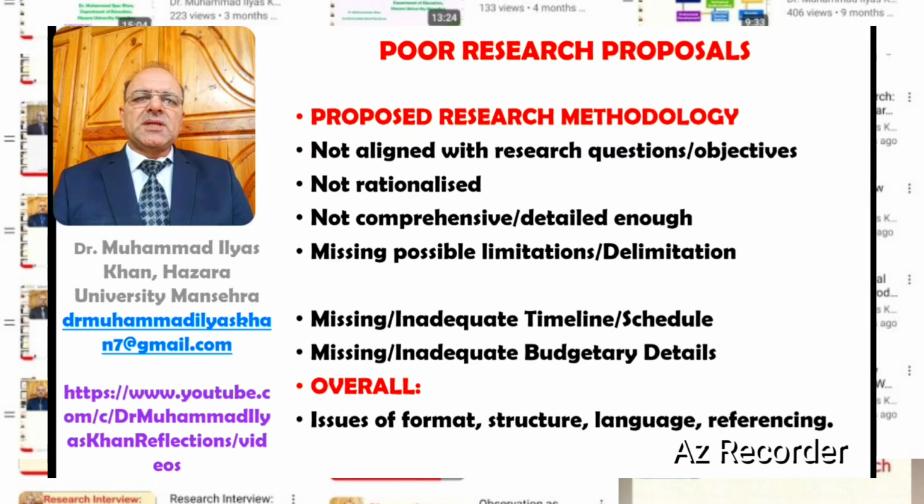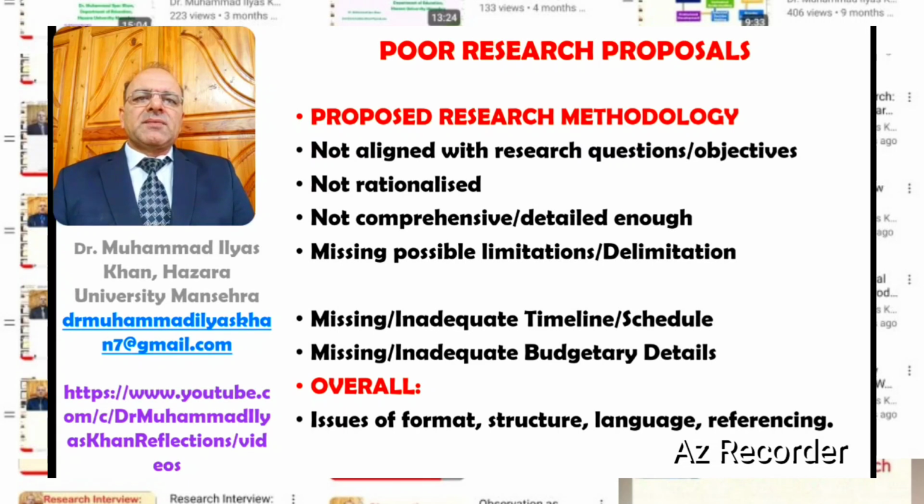So if these choices are not rationalized, for example, if someone has adopted mixed method research, they need to rationalize that. If someone has adopted a qualitative research design and qualitative research samples, or particular research data collection methods or analysis methods, there should be rationalization and justification of those methods.